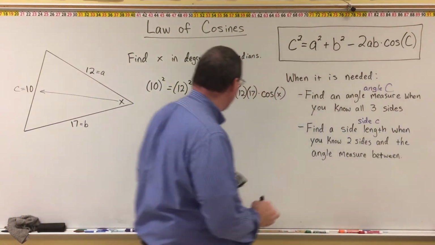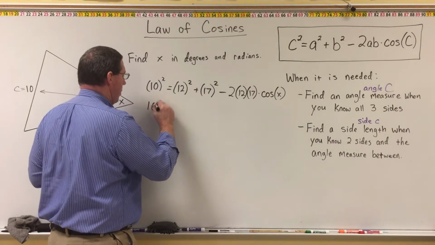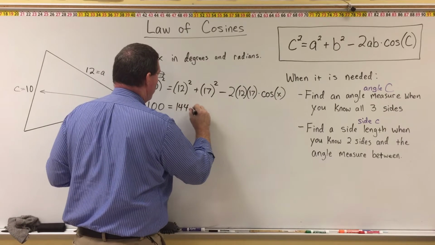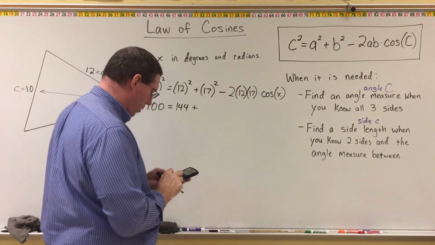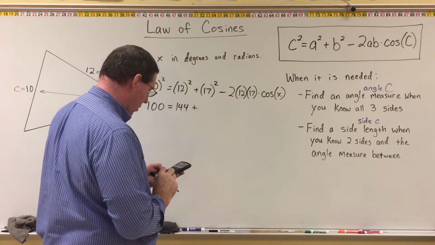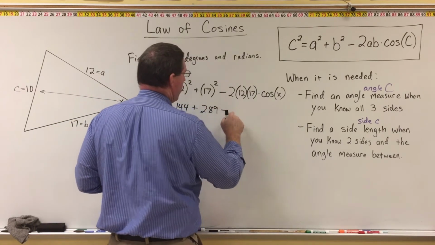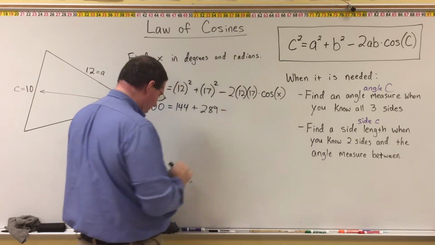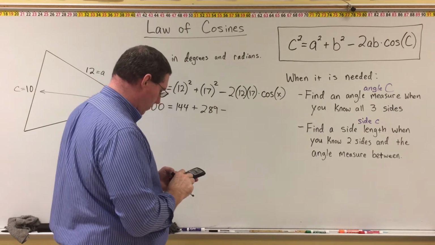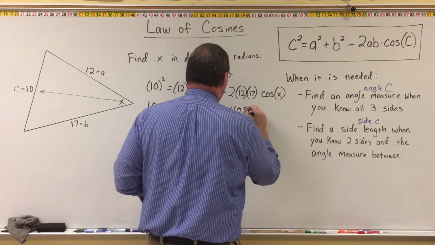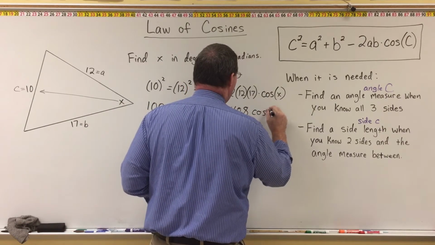All right, so let's go ahead and work out some arithmetic here. Grab a calculator. We know that 10 squared is 100 equals 12 squared is 144 plus, maybe we don't know what 17 squared is. 17 squared is 289 minus 2 times 12 times 17. We got 408 times cosine of x.